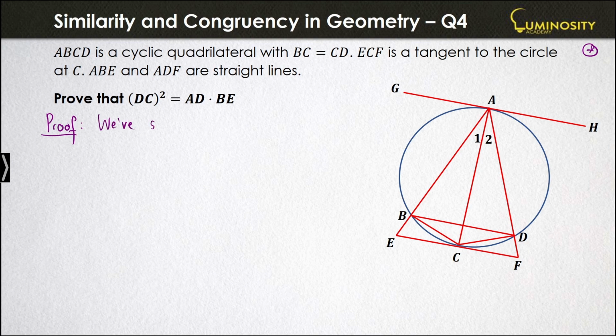So we've shown that triangle ADC is similar to triangle CBE. Hence, we can conclude some of the following information. So if I look at this side AD in proportion to DC, the reason why I'm doing that is because there's an AD and a DC in the question. So that kind of guides me on what proportions I should be looking for.